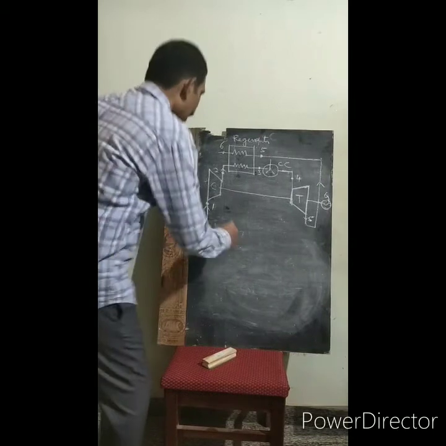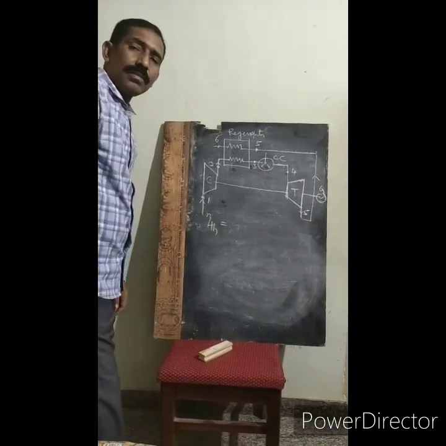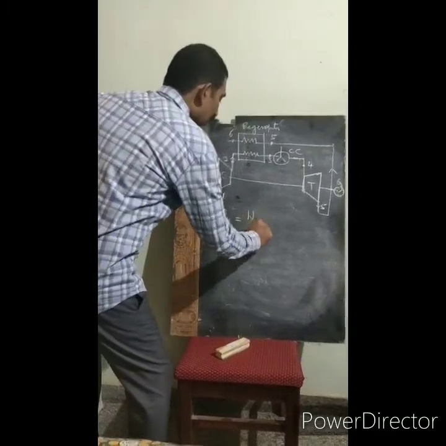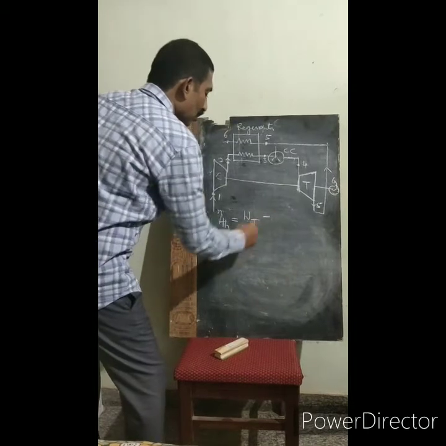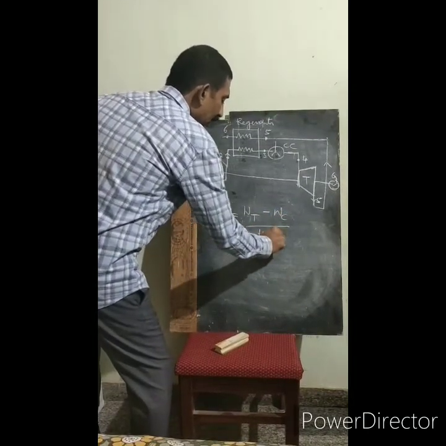Now let us write the thermal efficiency equation for the simple open cycle gas turbine with the regenerator. In this case, thermal efficiency is equal to turbine work minus compressor work divided by heat supplied.